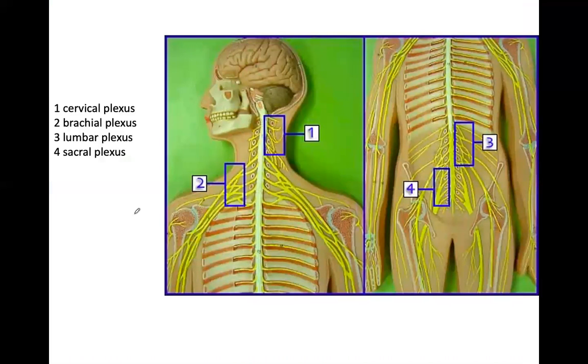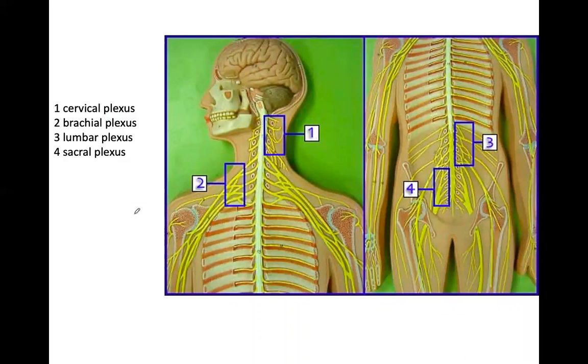Next, we learn about nerve plexuses. There are 4 nerve plexuses that help us create redundancy within our nervous system and ensure that if one nerve is damaged, you won't lose control over that part of the body. That redundancy is really important.